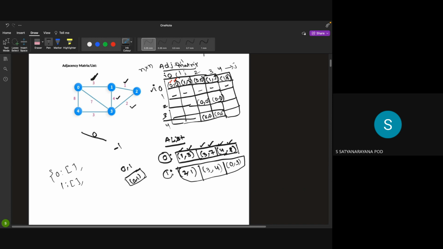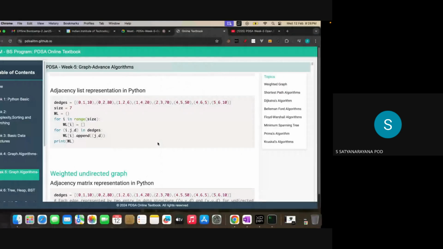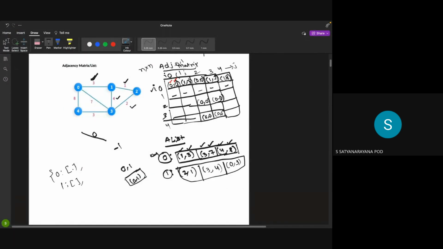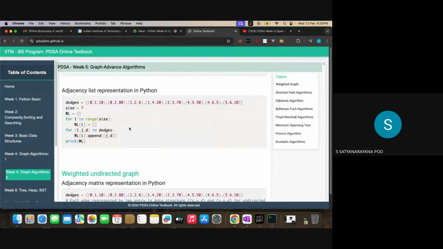This is called the key of the dictionary. So you are appending to the empty list, so that the empty list is filled with all the particular values, whatever is shown here. This is creating a dictionary which is called the adjacency list. Is it clear?